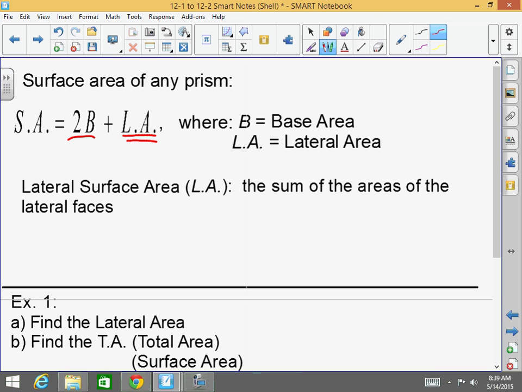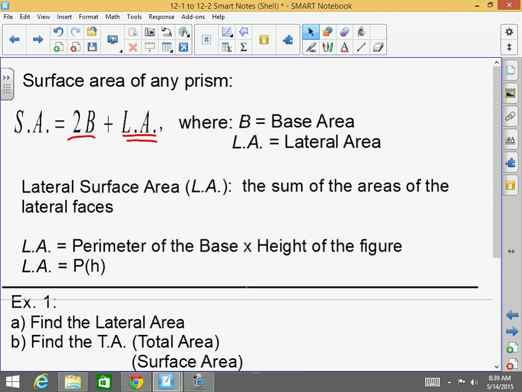Now this LA, what is this LA? It's the lateral surface area. Remember that we have lateral edges that connect one base to another base. We also have lateral faces that are surrounding the bases. And the lateral area is literally the sum of the areas of the lateral faces. Now, does that mean that I have to add up all of the areas of the faces?